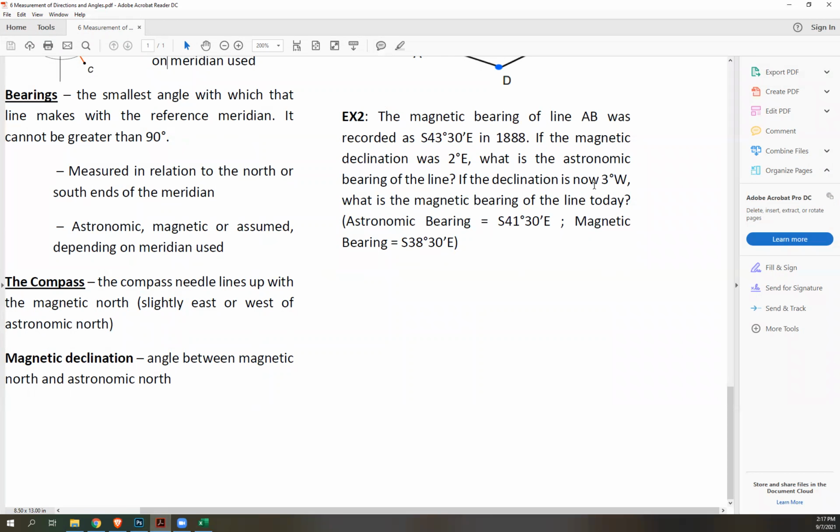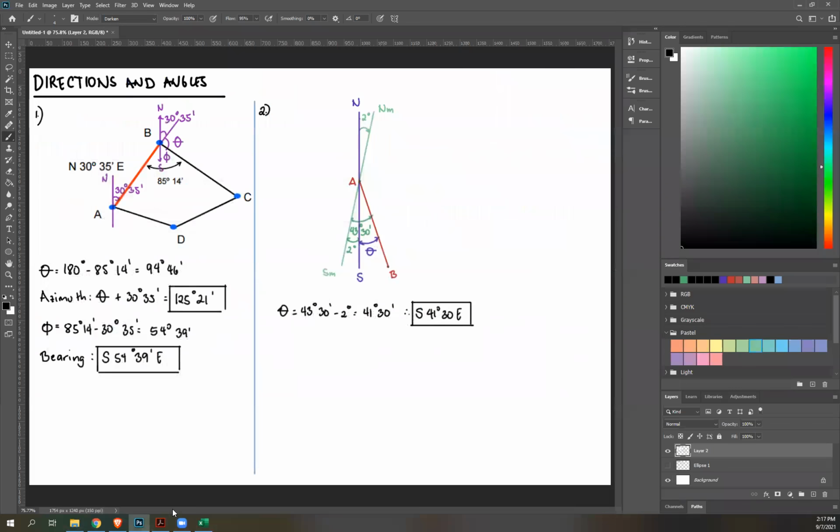if the declination is now 3 degrees west, what is the magnetic bearing of the line today? So we have a new one, 3 degrees west. So meaning that's going somewhere here. Yeah. So let's try drawing that. So 3 degrees west would be between here, okay?